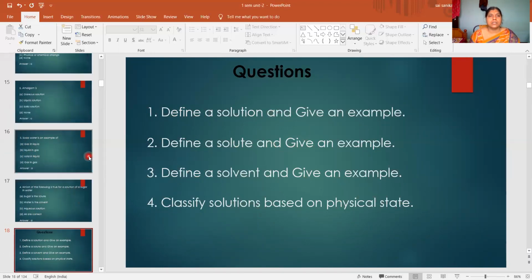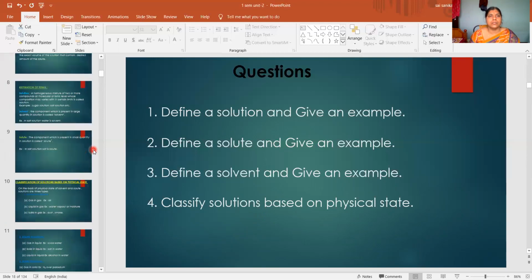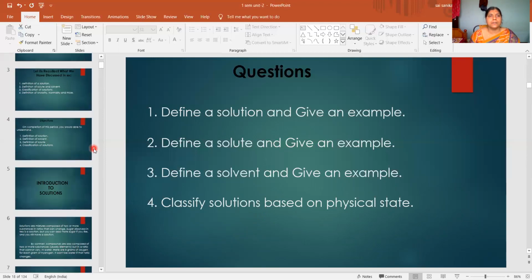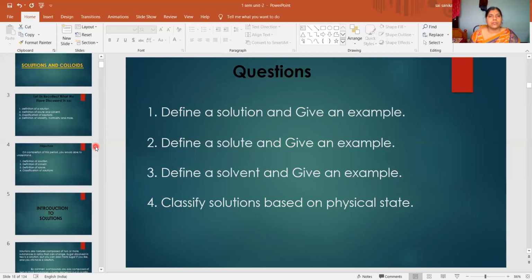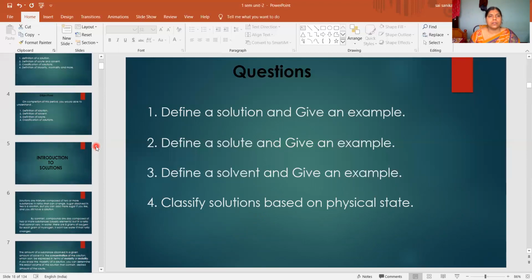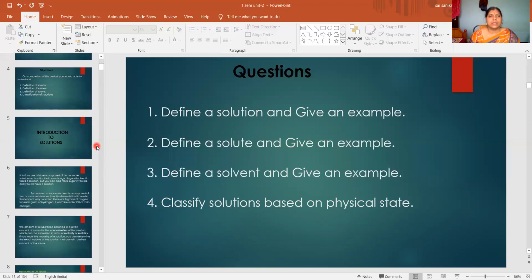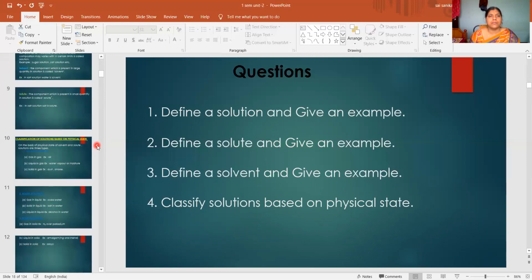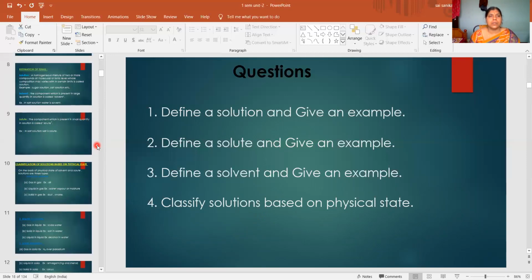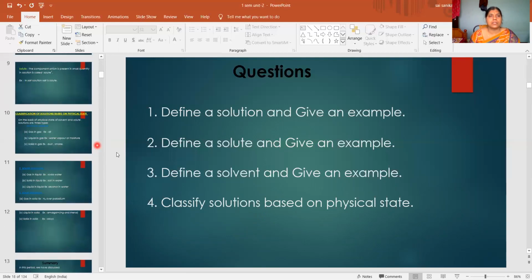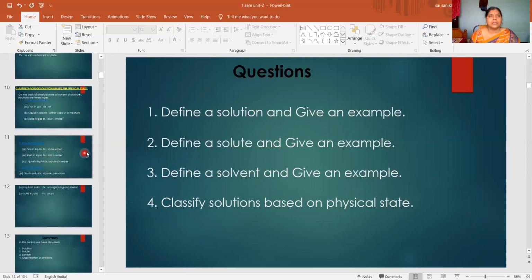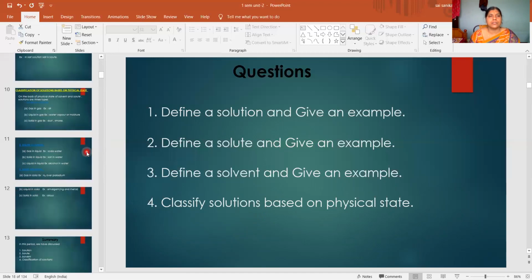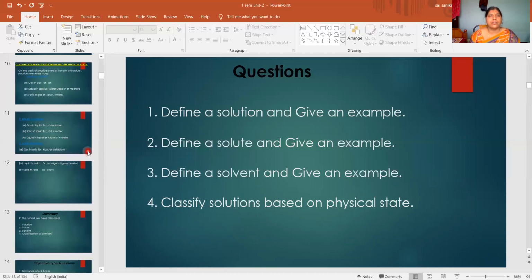So this is the introduction to solution. What we studied: what is a solution, what is a solvent, what is solute. Then classification of solutions based on physical state. How many types based on physical state? Three types: gaseous solutions, liquid solutions and solid solutions.